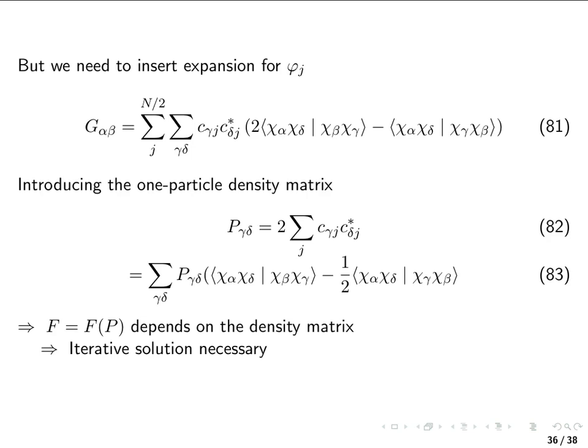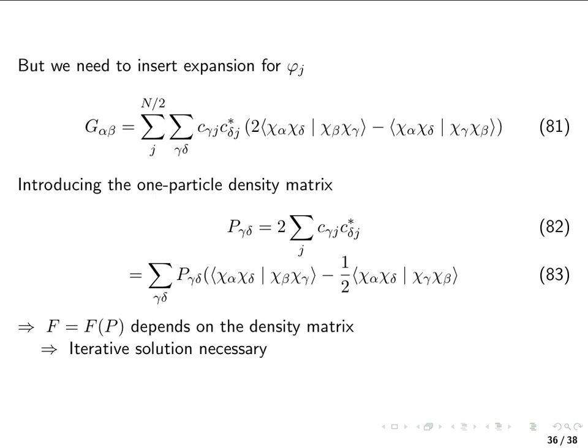That all means that, having inserted these spatial orbitals here, the Fock matrix actually depends on the molecular orbital coefficients or on this density. But the molecular orbital coefficients are found as the eigenvectors of the Fock matrix.